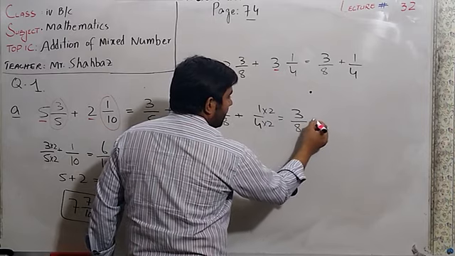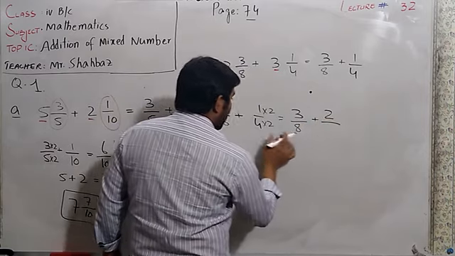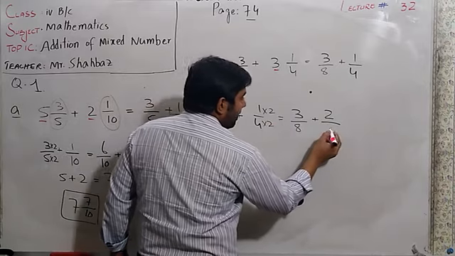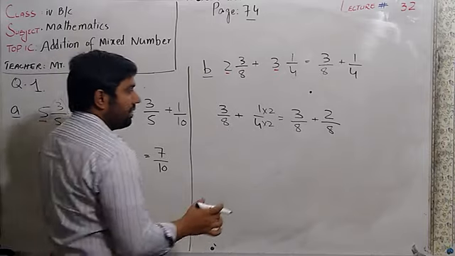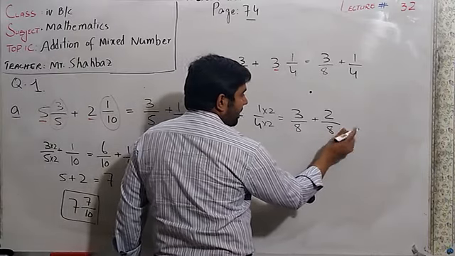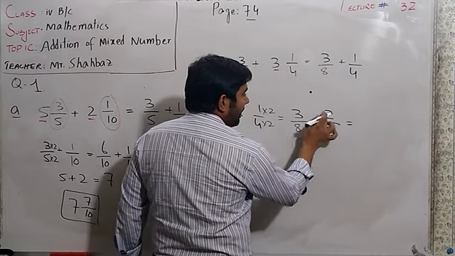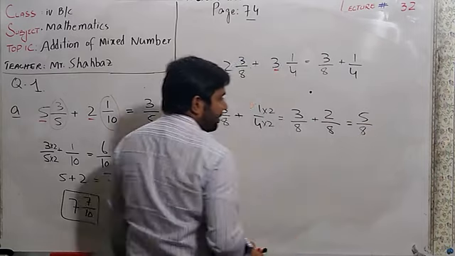3 over 8 plus 1 times 2 is 2 and 4 times 2 is 8. Now we can add easily because they have the same denominator. This is 8, this is 8. We add 3 plus 2 will be 5, and the denominator stays the same.